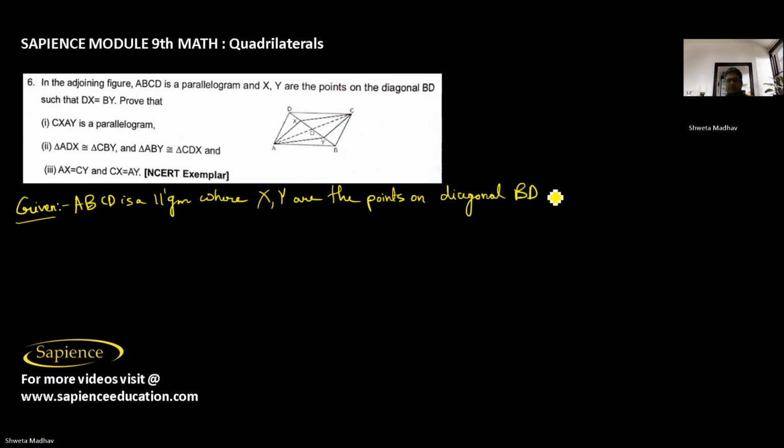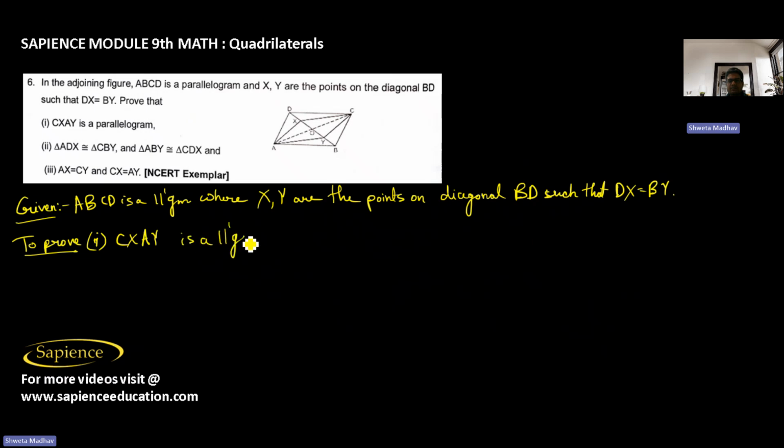So here it is given that ABCD is a parallelogram where X and Y are points on the diagonal BD such that DX equals BY. We have to prove that the first part is that CXAY is a parallelogram.